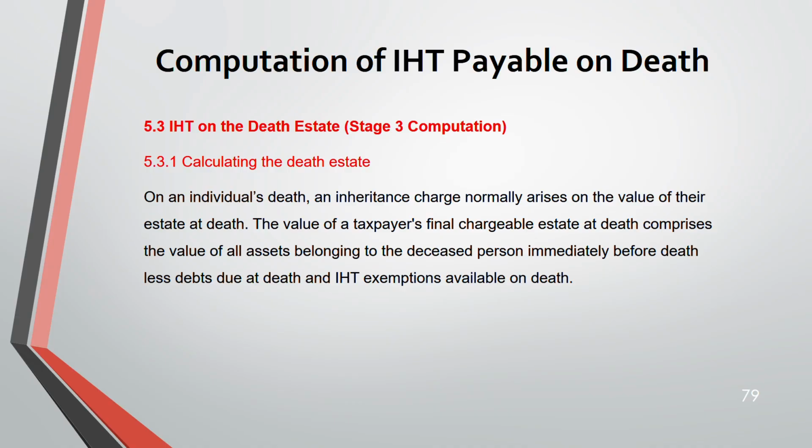We are going to put in one sheet and then we are going to calculate inheritance tax on that. And also there are some exemptions that are available on death. That also we have to look for.